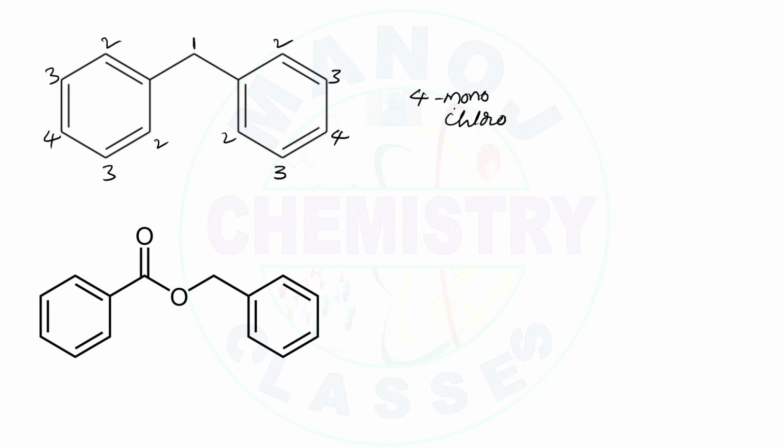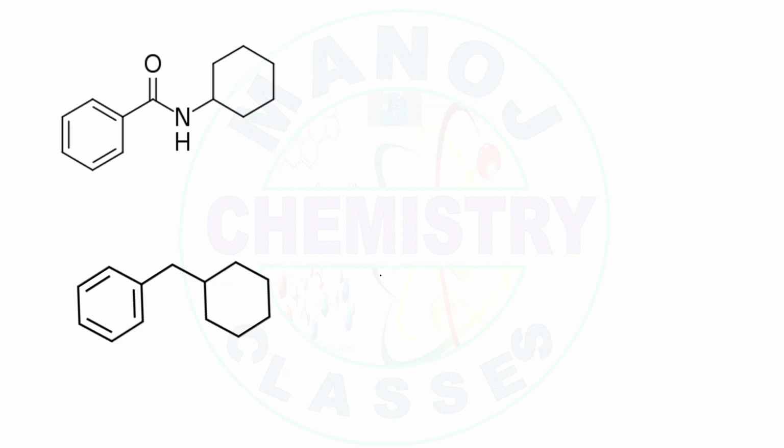Whereas in this case there are 6 possibilities. What are those 6 possibilities? Let us discuss. This one is 1, this one is 2, this one is 3. Whereas here this one is 4, this one is 5, this one is 6. So total 6 possible products. Whereas in this example, how many are possible?